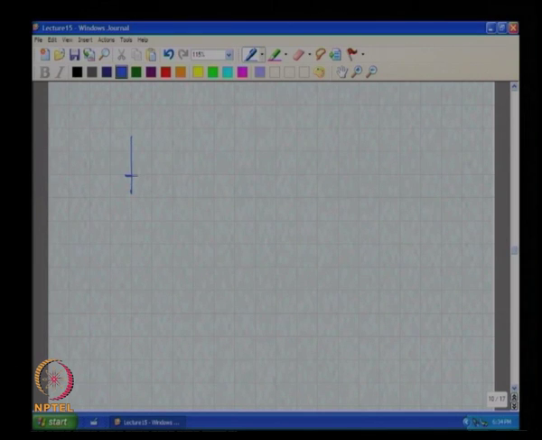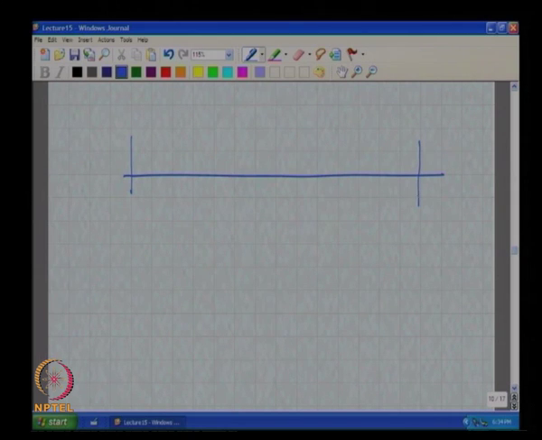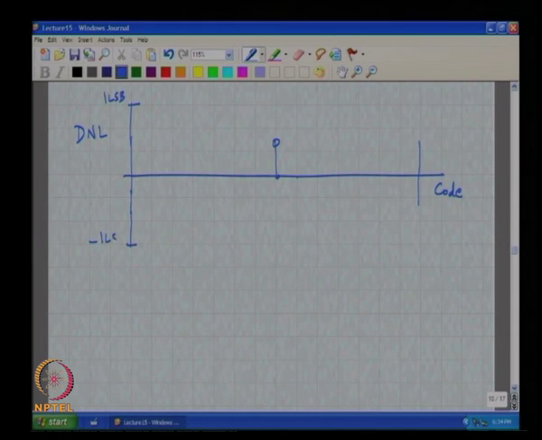So, let us say I have a data converter and I plot, as a function of code, the DNL normalized to the step size, and at some point here, at some code, I see a big positive jump, and here let us say this is 1 LSB and this is minus 1 LSB, and then in the next code it is like this.